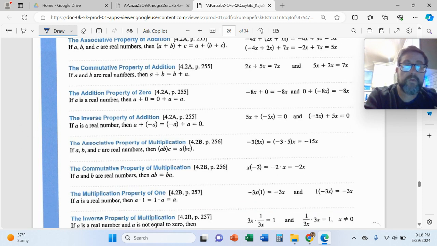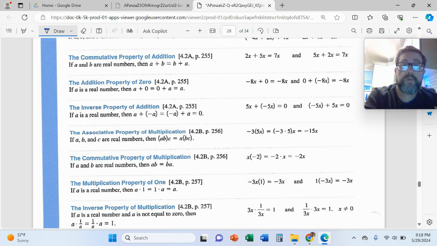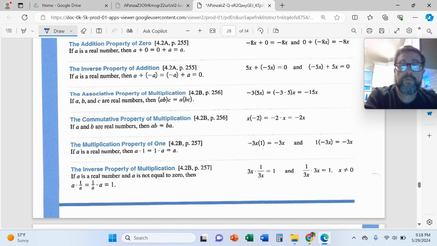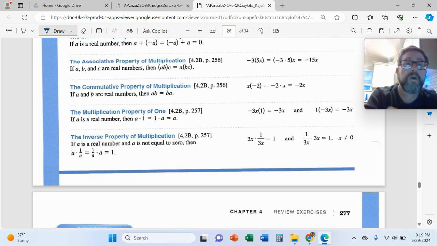The commutative property: A plus B is B plus A. Addition property of 0: if you add 0, you're going to get the same number because you're not moving anywhere. The inverse property of addition, we just covered that: A plus negative A equals negative A plus A, which is always going to equal 0 when you're adding the opposites.